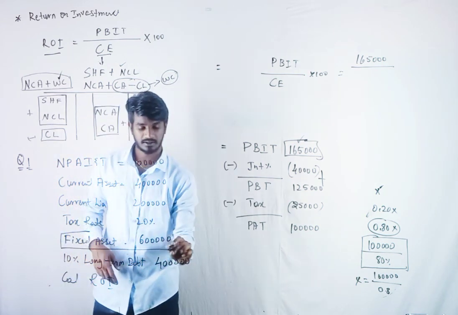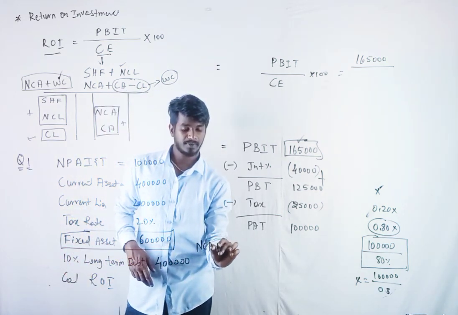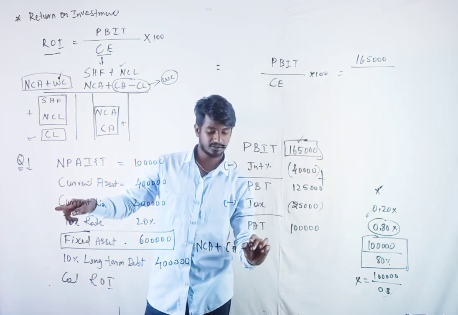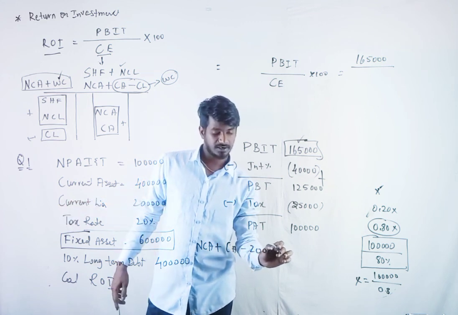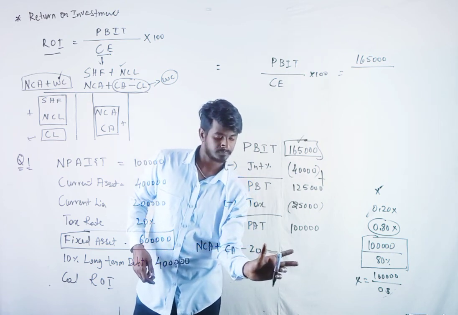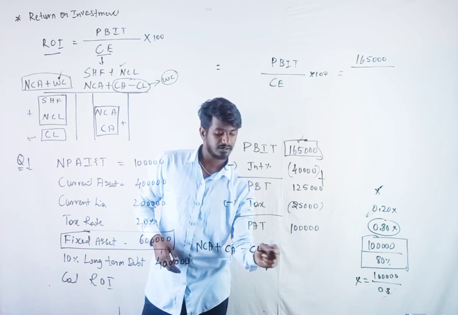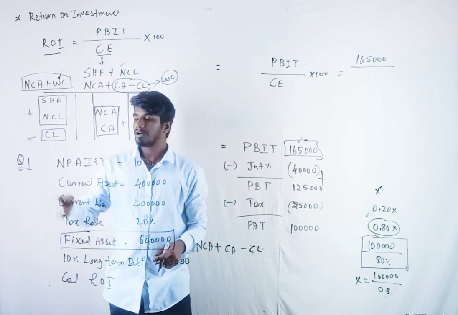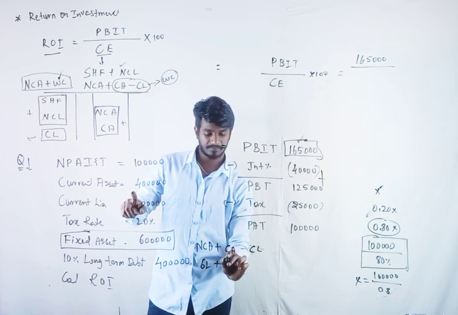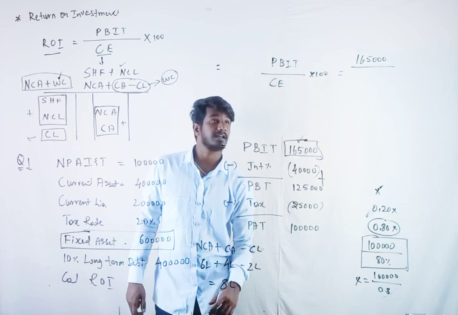It is non-current asset, plus current asset, minus current liability, which they have also given. How much? 6 lakhs plus current asset 4 lakh minus 2 lakh comes out to 8 lakh rupees.